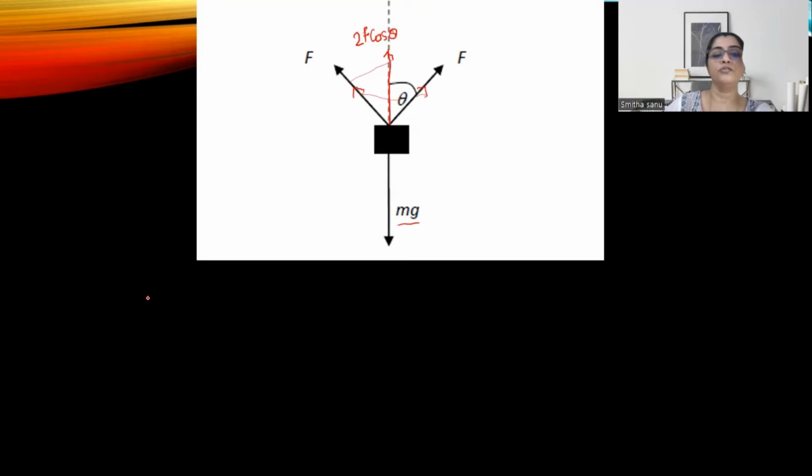So step 1 is to write 2F cos theta is equal to mg. Let's make F the subject. If F is the subject, we have mg over 2 cos theta.